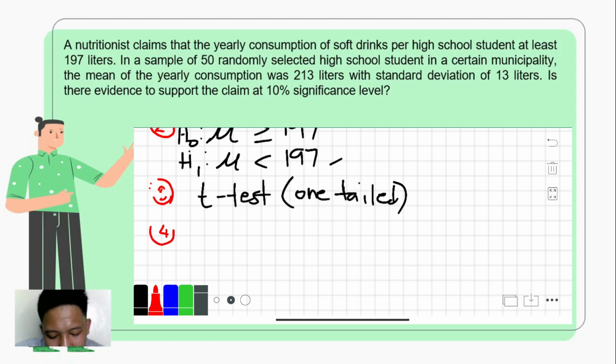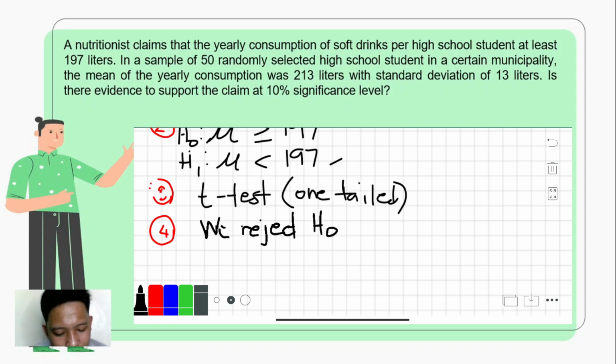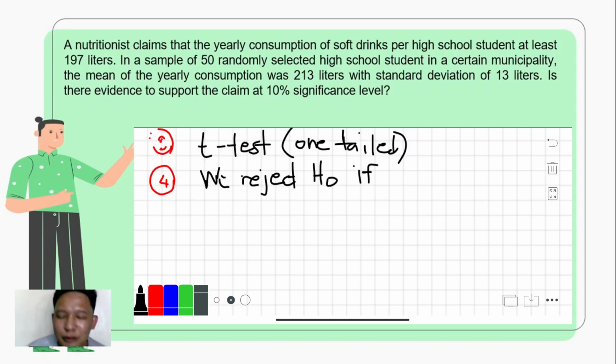So, our decision rule would be what? Our decision rule would again rely on our hypothesis, of course. Alright, so since this is one-tailed, our decision rule is that we reject HO if, so saan po tayo magre-rely?